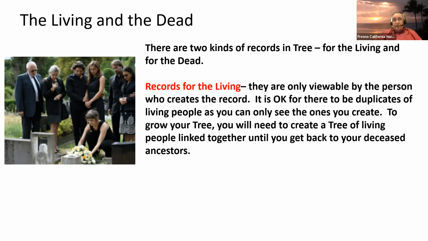A husband will go in and he won't be able to see, say, his wife's parents. And the wife can't see the husband's parents if they're alive. And the reason for that is that only the living records that you have associated to you are viewable by you.